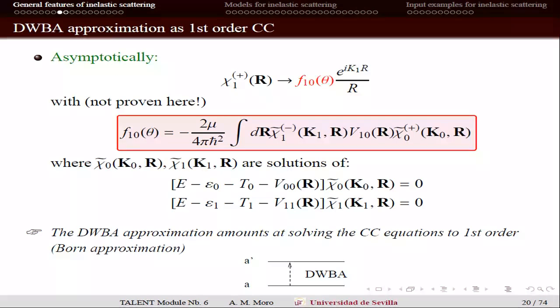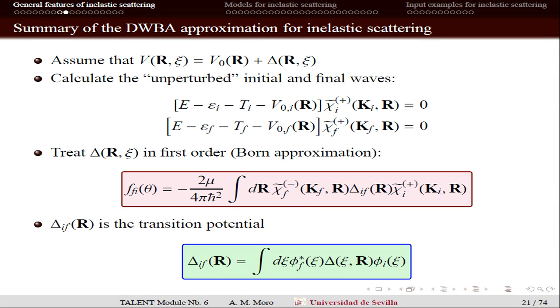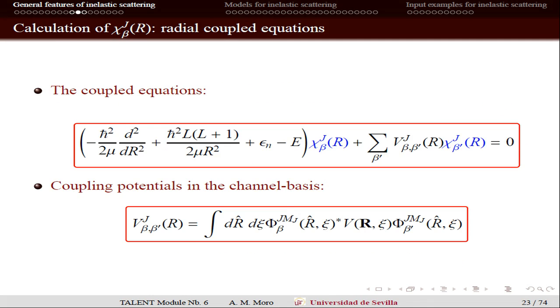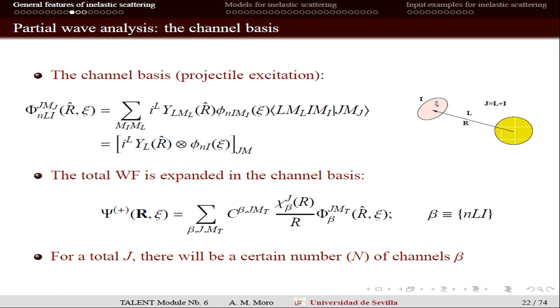Okay, at the beginning, our chi's depend on the vector r. So here we haven't done any angular momentum expansion. So now what we are doing is taking advantage of the fact that the total angular momentum is conserved. So this chi now can be understood as the radial part of the previous chi's.